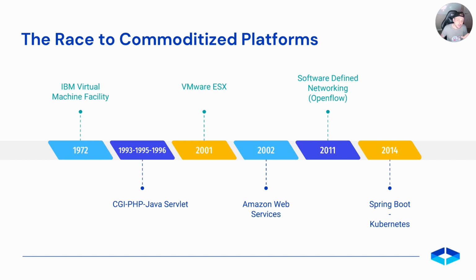Although the race really started at the beginning of the 70s, when IBM released the first capability of hardware partitioning, which at that time was a sort of virtual machine. But it's not before the mid-90s that the web application framework really started to grow.